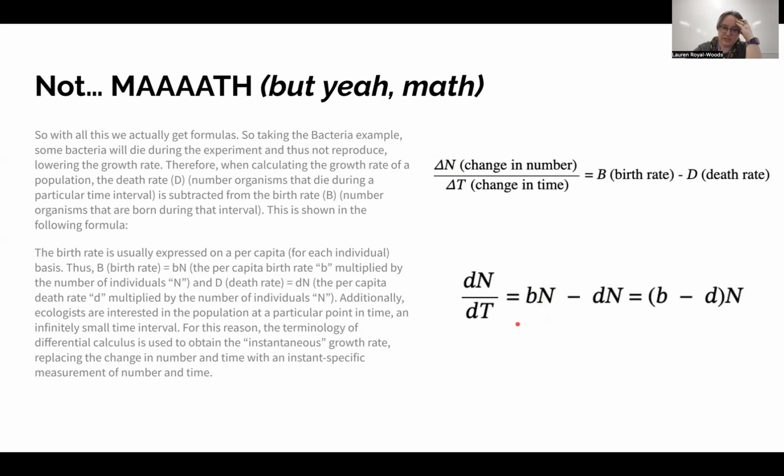This part gives you the instantaneous growth rate. So birth rate minus death rate. Again, you can just move it around because math is fun like that. You just put it in parentheses: birth rate minus death rate times the population number.